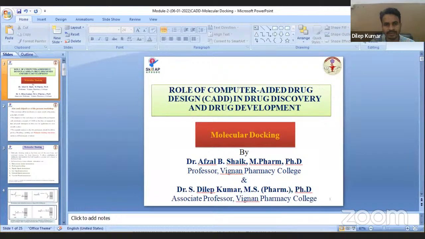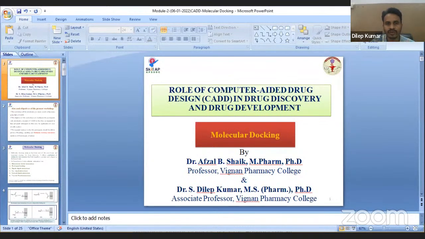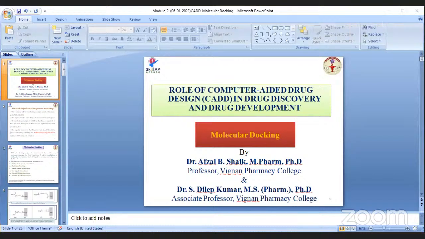The main advantage is that it helps us understand how the ligand can bind to the protein, through which type of molecular interactions. That is why it allows prediction of molecular interactions occurring between the target protein and the ligand, or the lead molecule or the drug molecule.